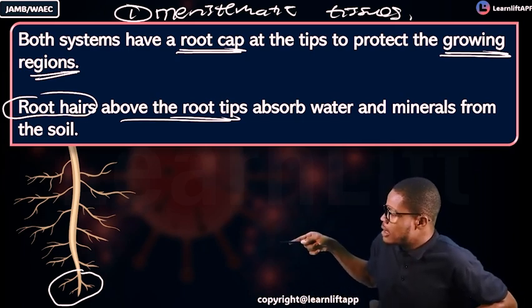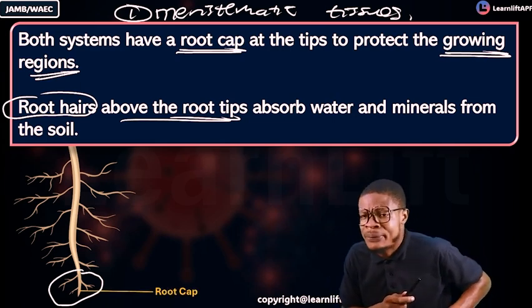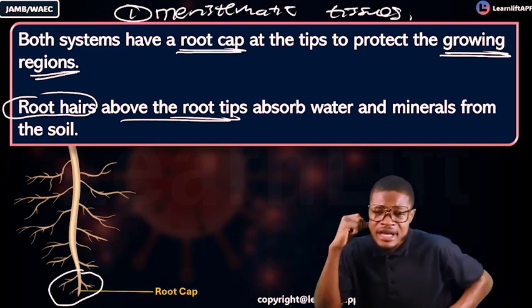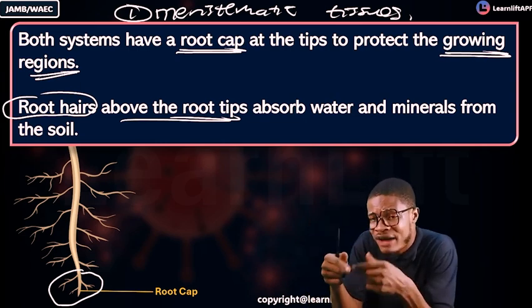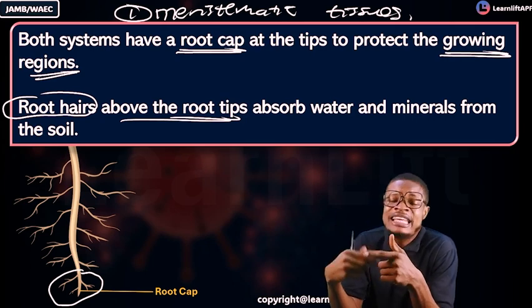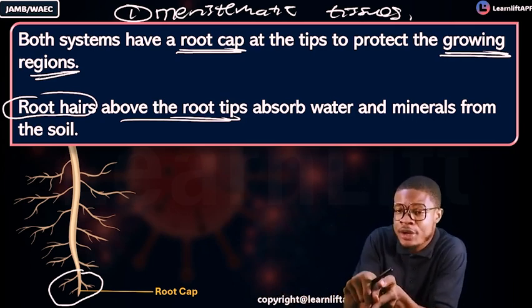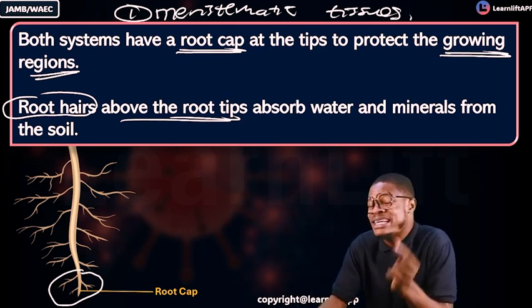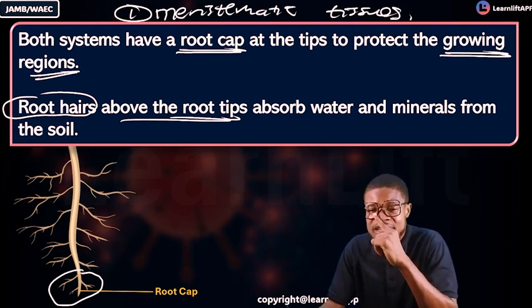Now listen carefully to this. From this diagram, I'll give you three things. Number one is your root cap, found at the root tip, and it protects the growing region. Why? Because that growing region contains meristematic tissues, which are actively dividing cells.